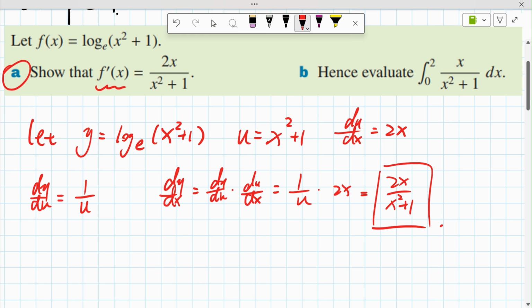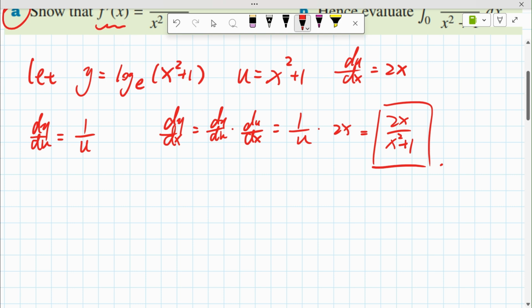This is a derivative, and now we're going to use the derivative to figure out the integral of 2x over x squared plus 1, as anti-differentiation. So now we're using integration by recognition. Question B: the integral from 0 to 2 of x over x squared plus 1 dx.